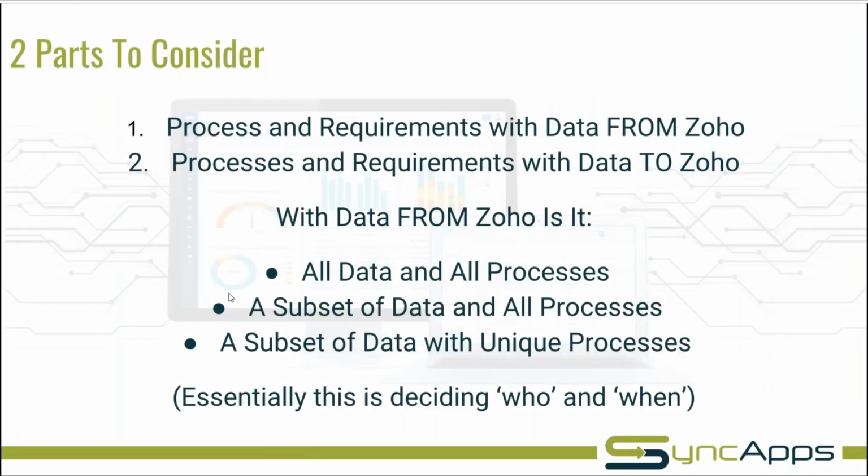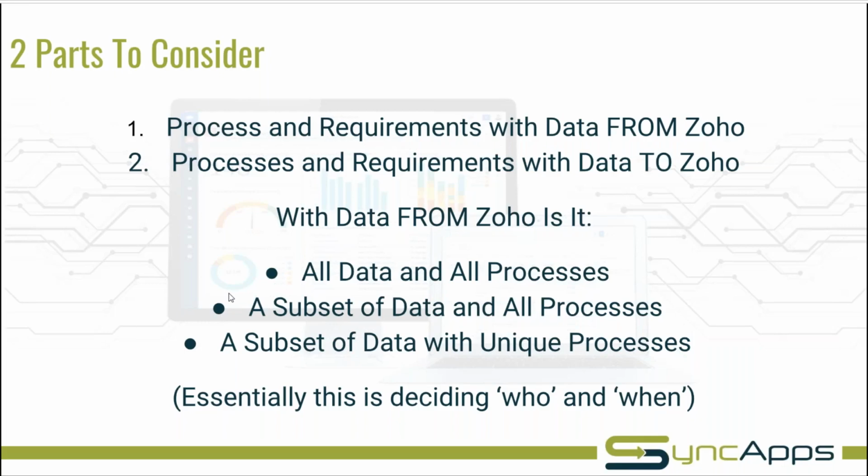So just taking back to a couple of things we said a minute ago, when we're talking about how and what to integrate with Zoho CRM and your email tool like Mailchimp, there's really two parts to consider. One would be the process and requirements with data from Zoho, and then the processes and requirements with data back to Zoho. When we're talking about lists, it's really the first part.